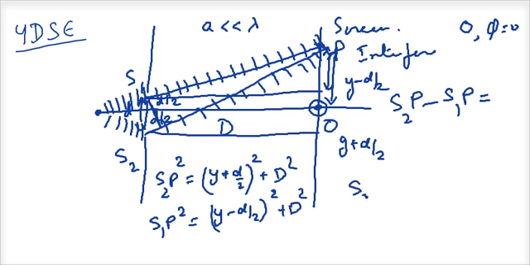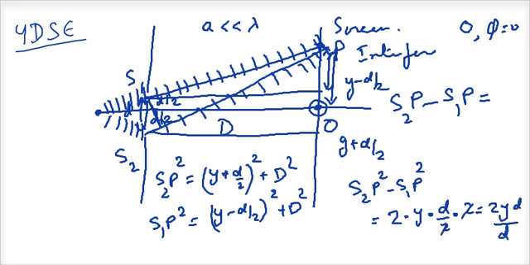So I'll just do S2P squared minus S1P squared, and what will I get when I subtract them? I'll expand this as y squared plus so on. So I'll get 2 times y into d by 2 into 2, 1 from here, 1 from here. Okay, so that is equal to, this 2 will get cancelled, 2yd. And what is this S2P squared minus S1P squared equal to?